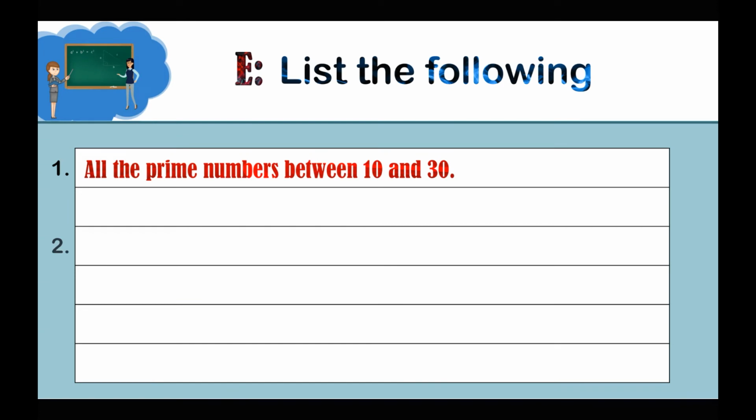All the prime numbers between 10 and 30 are 11, 13, 17, 19, 23, and 29.